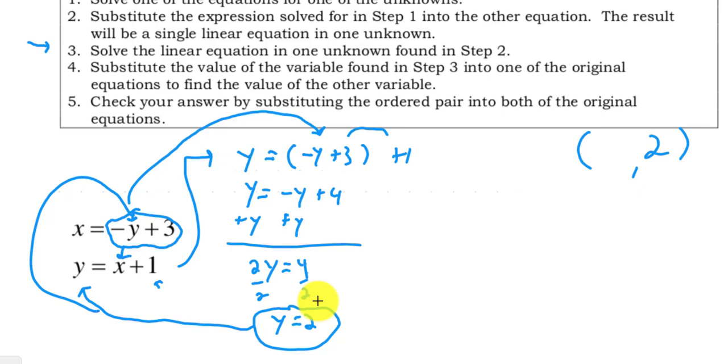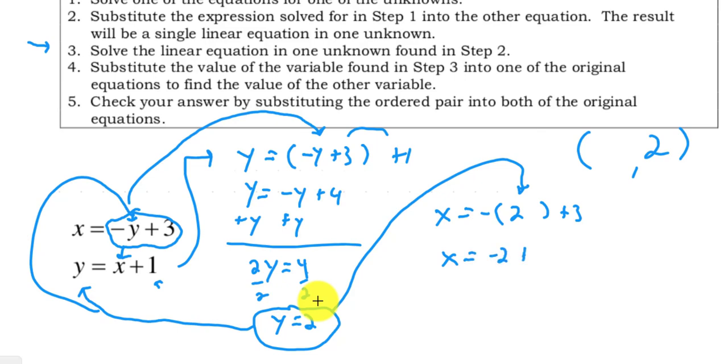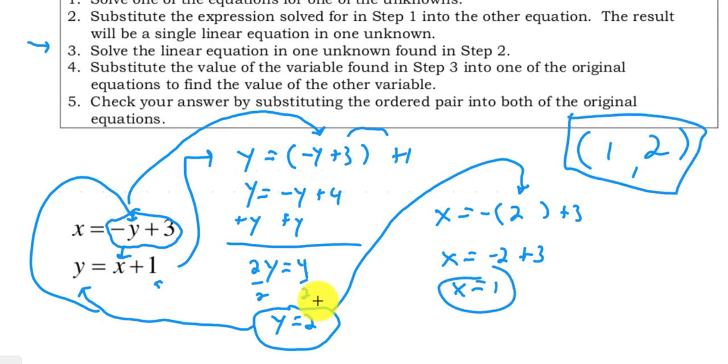I'm going to use the top equation, x equals negative y plus 3. Since I know y is equal to 2, I can plug in 2 here. I get x equals negative 2 plus 3, or x equals 1. So here's my answer, 1 comma negative 2.